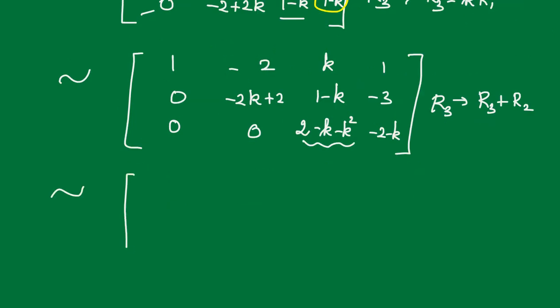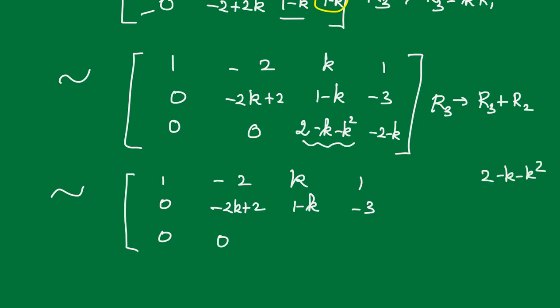This is equivalent to 1, minus 2k, 1; second row 0, minus 2k plus 2, 1 minus k, minus 3; and third row 0, 0, 2 minus k minus k squared. This 2 minus k minus k squared can be written as minus of k squared plus k minus 2. Split into factors, this can be written as minus of k plus 2 into k minus 1.